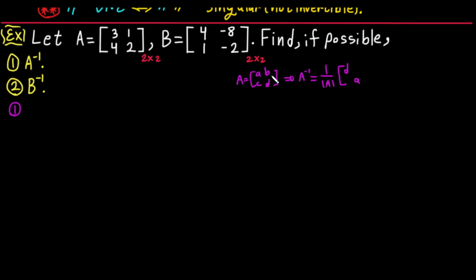So D, A, and put negative here, so minus B, minus C. And the determinant of A equals this multiplied by this, A D, minus this multiplied by this, B C. So now the determinant of A equals 3 multiplied by 2, minus 1 multiplied by 4, which is 6 minus 4, and this equals 2, which is not equal to 0.